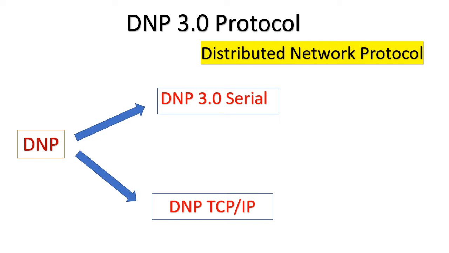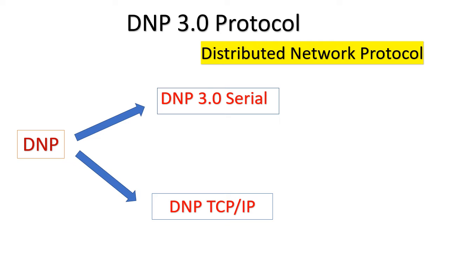As I said earlier, DNP3 stands for Distributed Network Protocol version 3, and this version is widely used in the United States electric utility industry, and is also the basis for the European IEC 60870-5 standard.